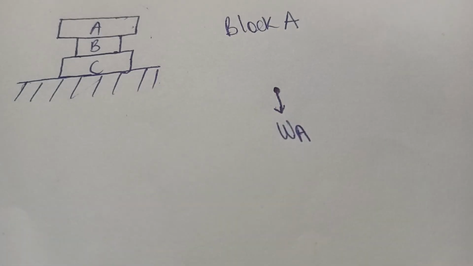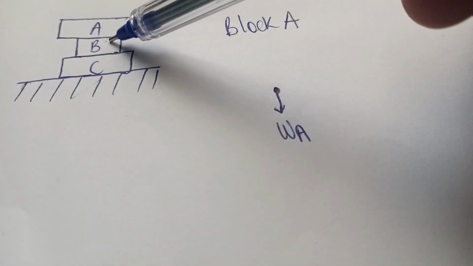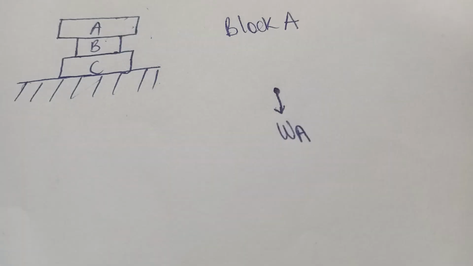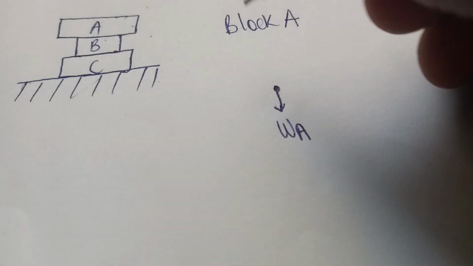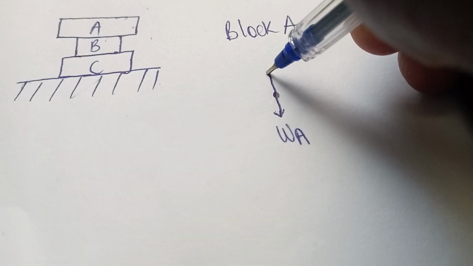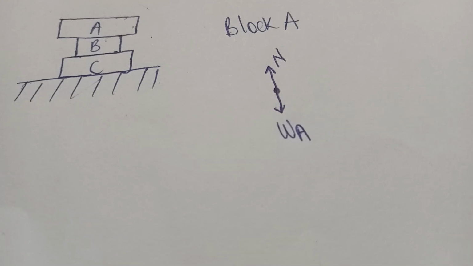But remember, there is a normal reaction here. The normal reaction occurs when there is contact between these bodies, and it is perpendicular to the point of contact. So the normal reaction acts here. I forgot to tell you this: the normal reaction is always perpendicular to the contact surfaces.